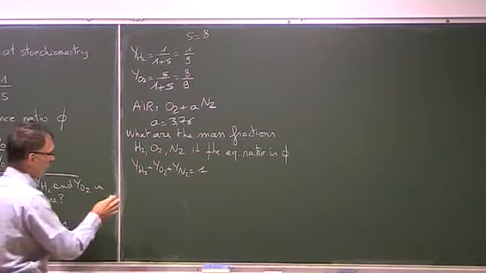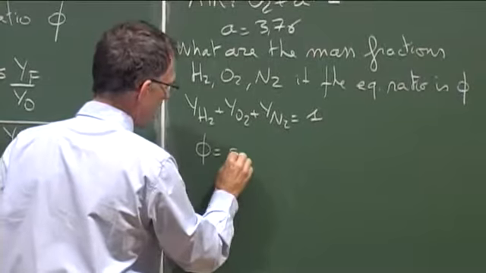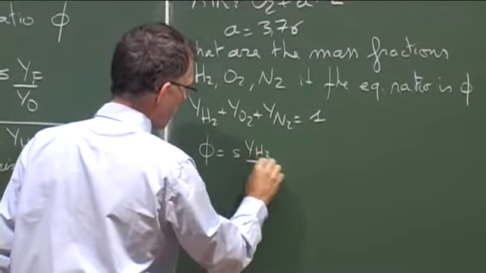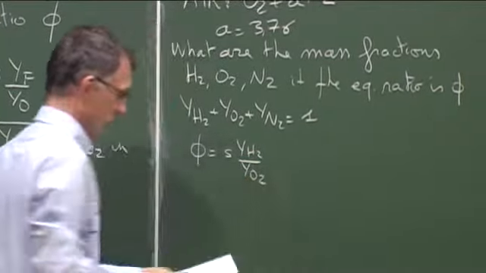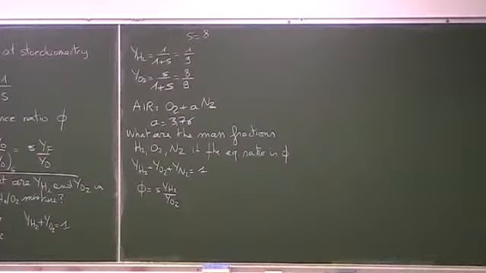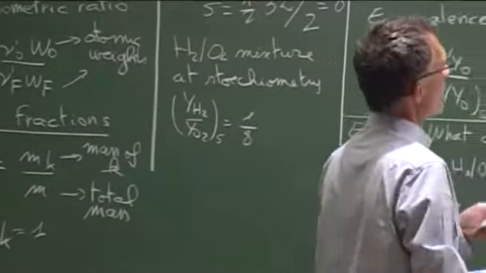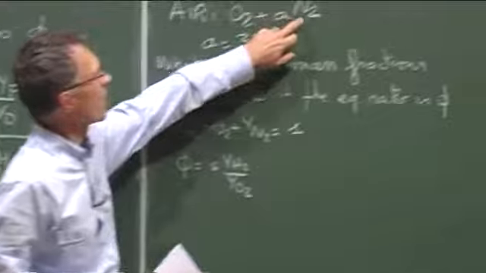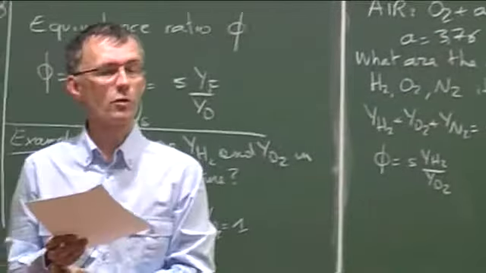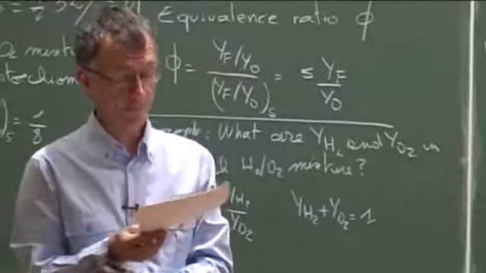The second one, of course, is going to be that the equivalence ratio must be known and imposed. So that's two equations. You still need a third one. The third one comes directly from the fact that we know that if you have 1 mole of O2, you have A moles of N2. So we know the ratio of the masses between these two gases.